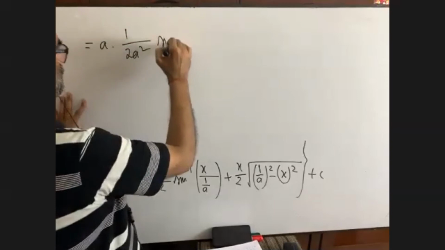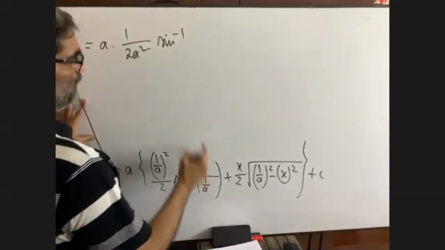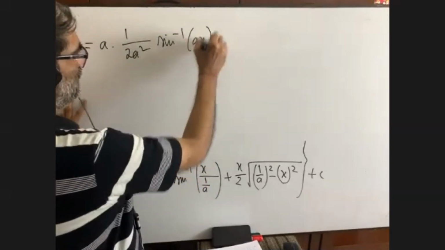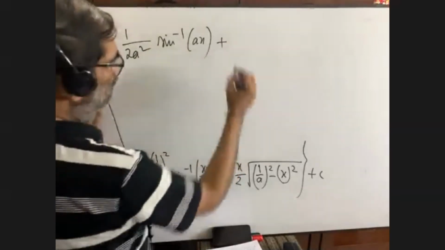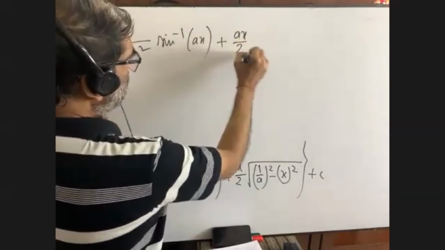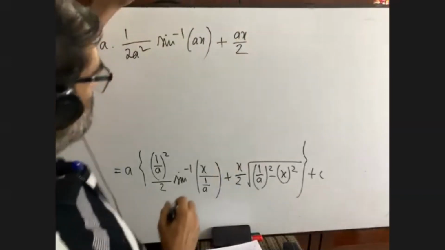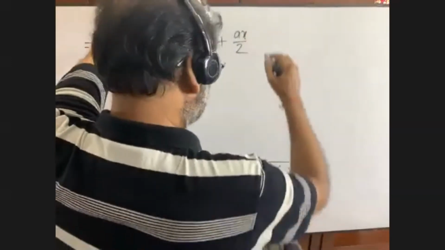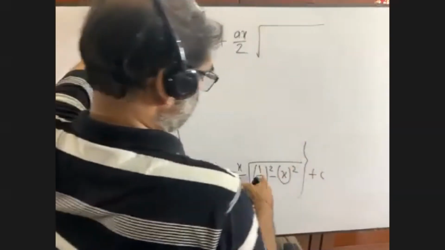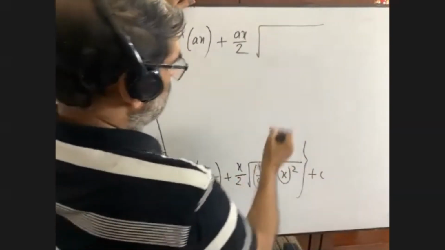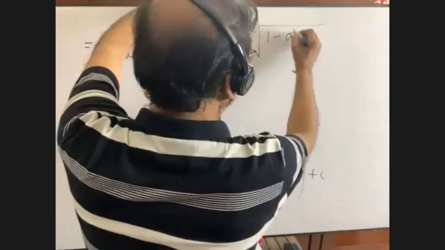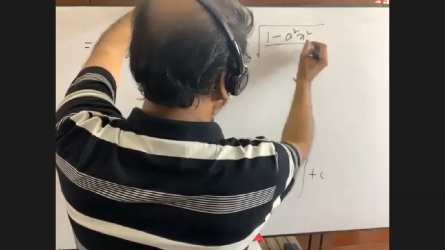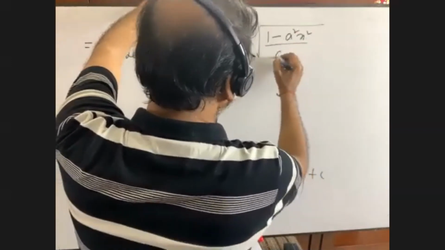Sine inverse ax. Okay, plus a into x by 2, root over 1 minus a square x square by a square plus c.